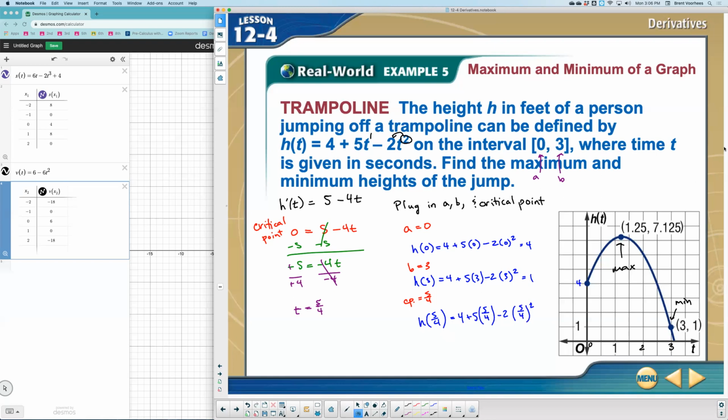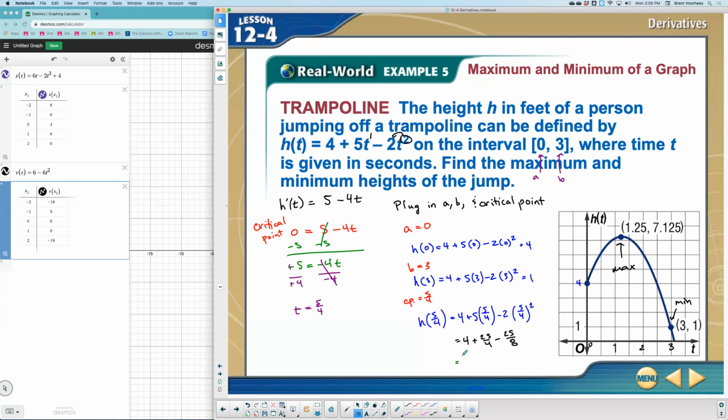So when I do this math, let's see, 4 plus, that's going to be 25/4 minus, that's going to be 25 over 16. 2 will cancel with that. It'll be 25 over 8. And so when I get a common denominator here, it looks like everything will go into the denominator 8.